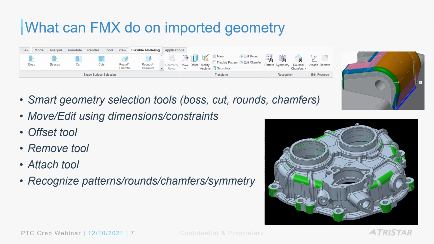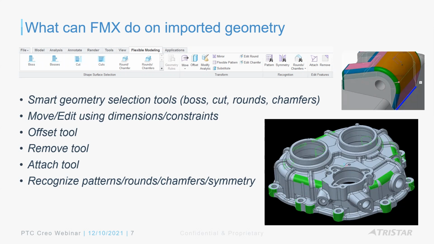But once you bring it in, you'll be able to do some shape recognition. And once you recognize it as a boss, for example, a cut, or even as a round or a chamfer, then you are allowed to edit it, even though when you brought it in, you didn't have a feature per se. It's just the geometry that's brought in.